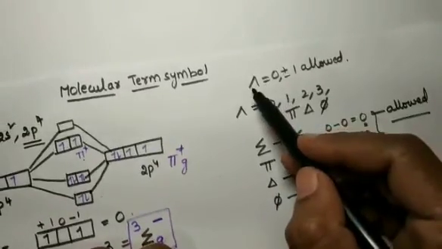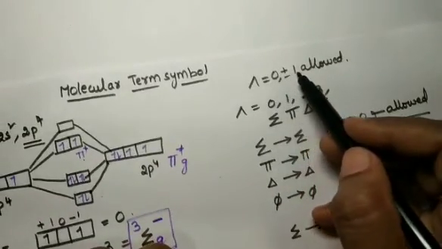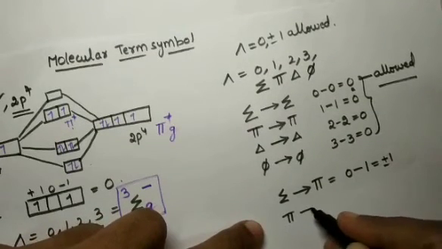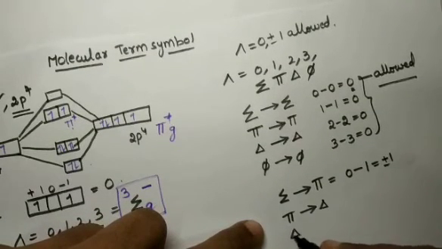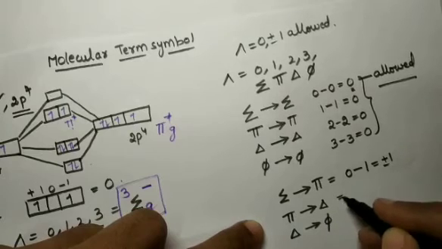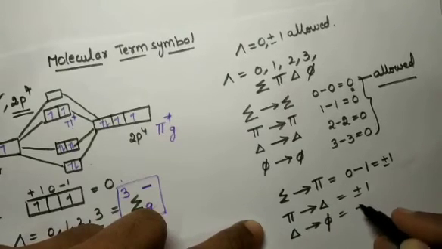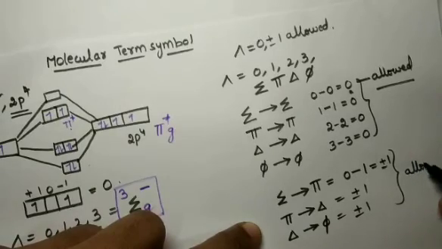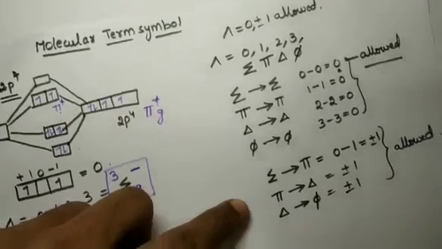Why? Because delta lambda equal to 0 or plus or minus 1 is allowed. Like that, pi to delta and delta to phi transitions also give plus or minus 1. These are all allowed transitions.